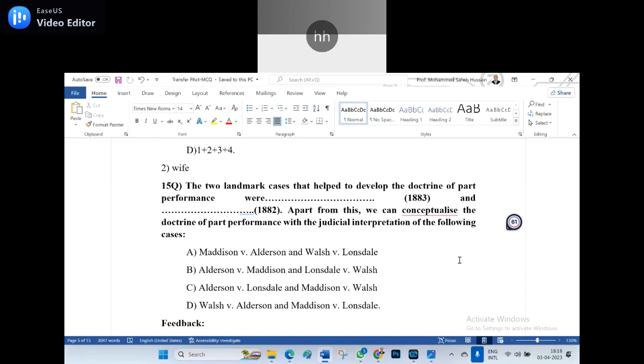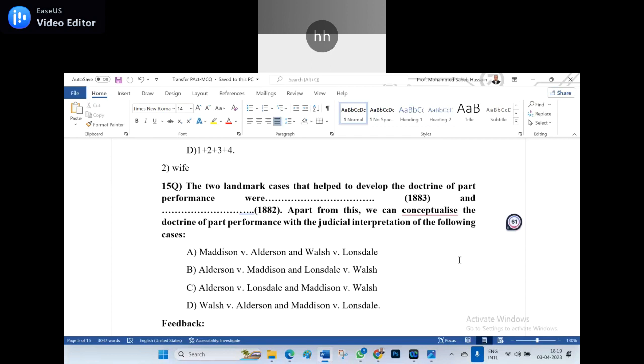B, sir. What are the two English cases? Alderson versus Madison and Lonsdale versus Walsh. The right answer is Madison versus Alderson and Walsh versus Lonsdale.